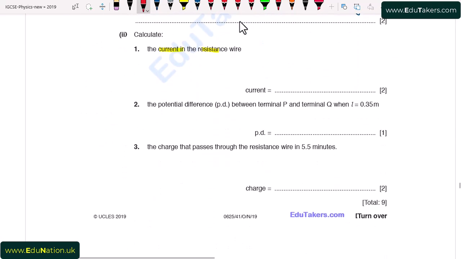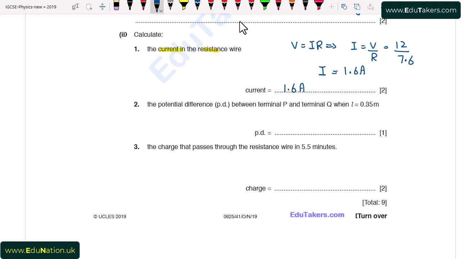So I write here Ohm's law is V is equal to IR. So I will be equal to V over R. Here V, that is EMF, is equal to 12 volt and resistance is 7.6 ohm. So the value of current comes to be 1.6 ampere. I write here it is 1.6 ampere.